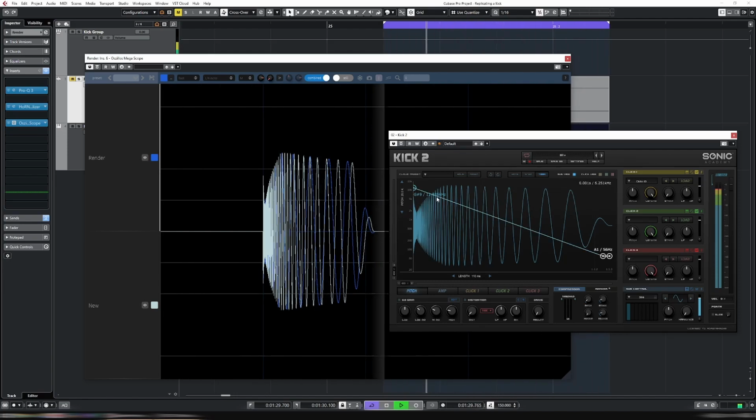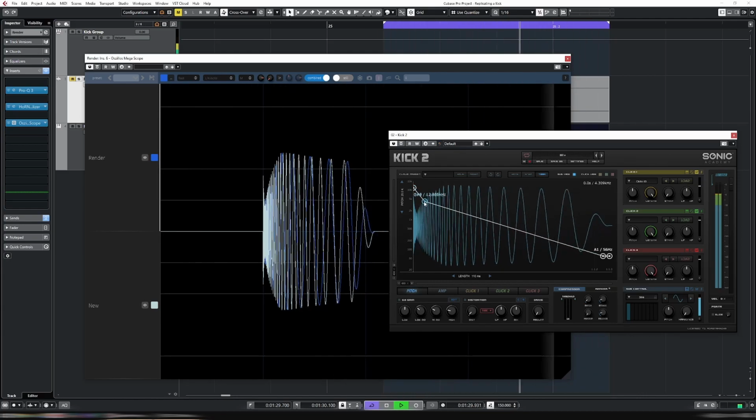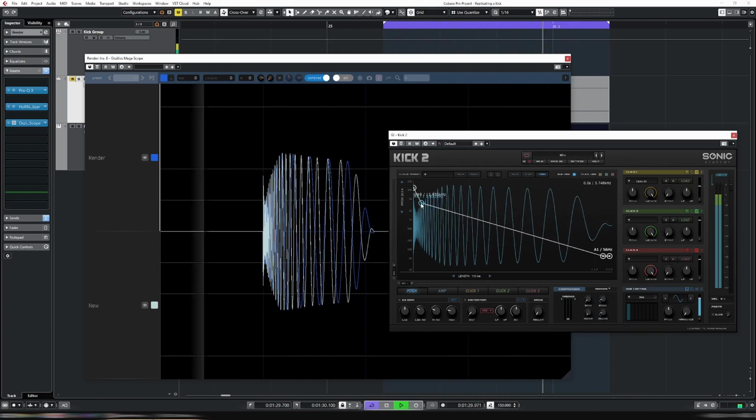Let's have a look there for now. And you can see the body, now that we're starting to push this one across, it's really starting to take shape.